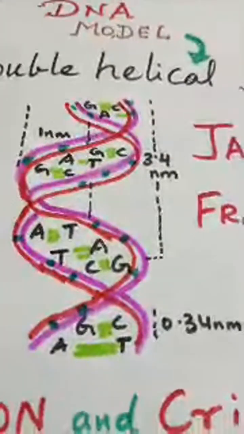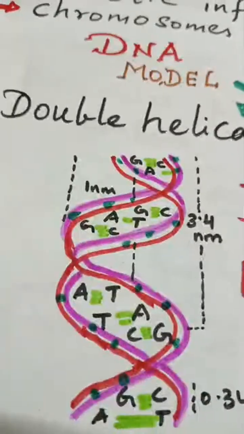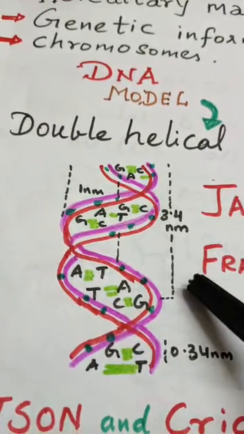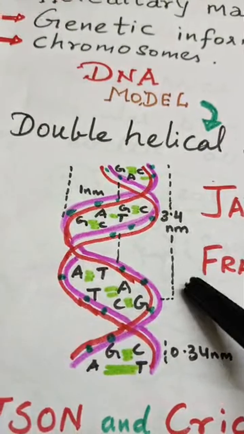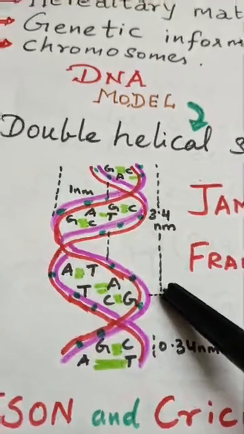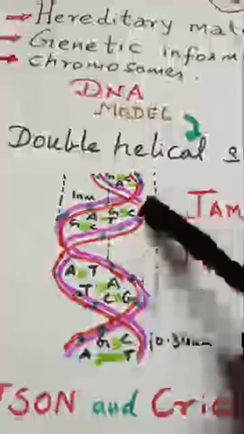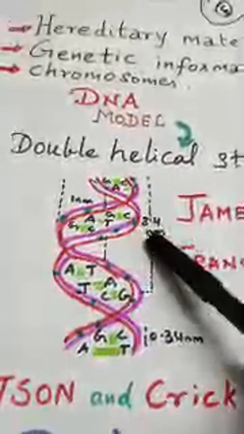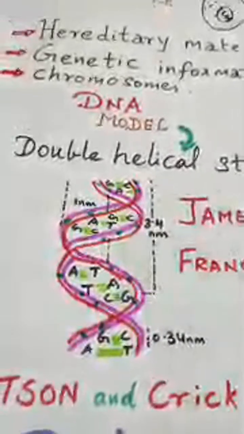If you look at this DNA structure, this is the double helical structure. Millions of nucleotides will be present in the living cells. We saw the nucleotide in the previous session.